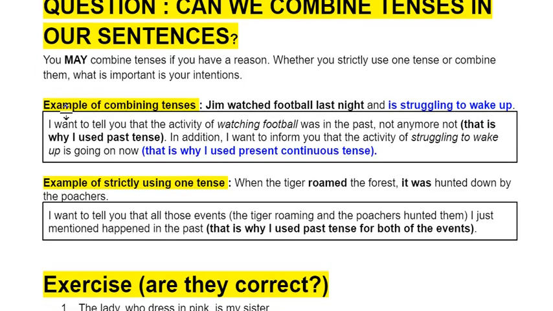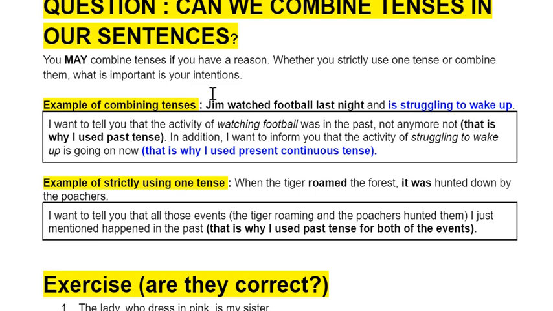For example, an example of combining tenses. Jim watched football last night and is struggling to wake up. Here, within this sentence, I combine two different tenses, and it's okay because my intention is inside the box here. I want to tell you that the activity of watching football was in the past. When? Last night. That's why it doesn't happen anymore.